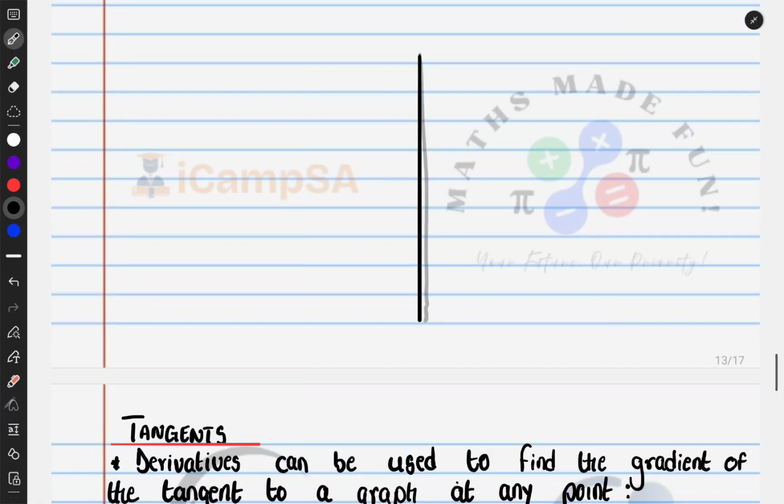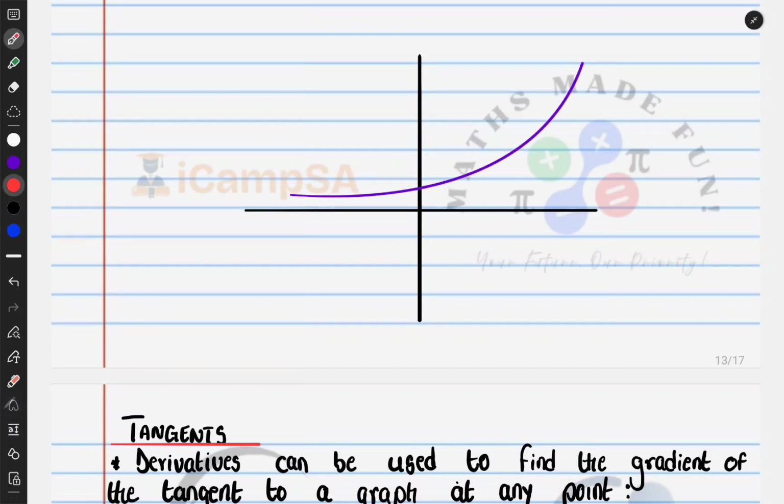If you have a function like this one here, let's say an exponential function, and we want to find the gradient of this graph at that point here, we are essentially calculating the gradient of the tangent to that graph, because remember that a tangent and a curve only touch at exactly one point.